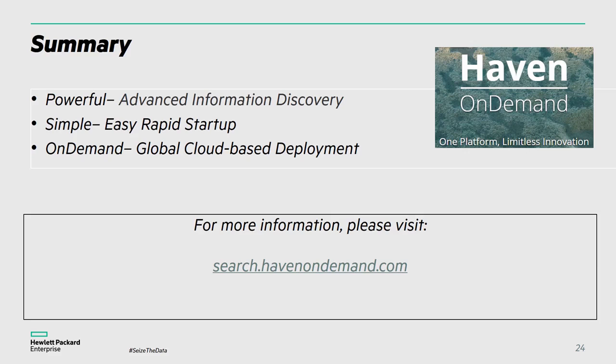From an application point of view, IDOL and Haven OnDemand have this concept of mapped security. So if I do a search, I shouldn't be able to see the CEO's private documents unless the CEO has shared those documents with me. So when I log in, when I'm authenticated against the system, we generate a security info string that encodes what groups I'm in and what permissions I have. Then when I query IDOL or Haven OnDemand, the documents in the index are encoded with information as to what groups and permissions are set on them.